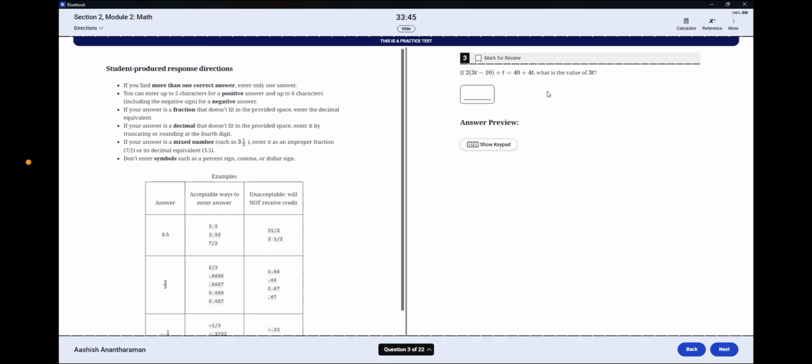So 6t plus t is 7t. I'm going to bring the minus 20 to the right, so it's going to be 7t equals 60 plus 4t. And I'm going to move the 4t to the left, so it's going to be 3t equals 60. So we already have 3t as 60 here. That's going to be our answer, 60.